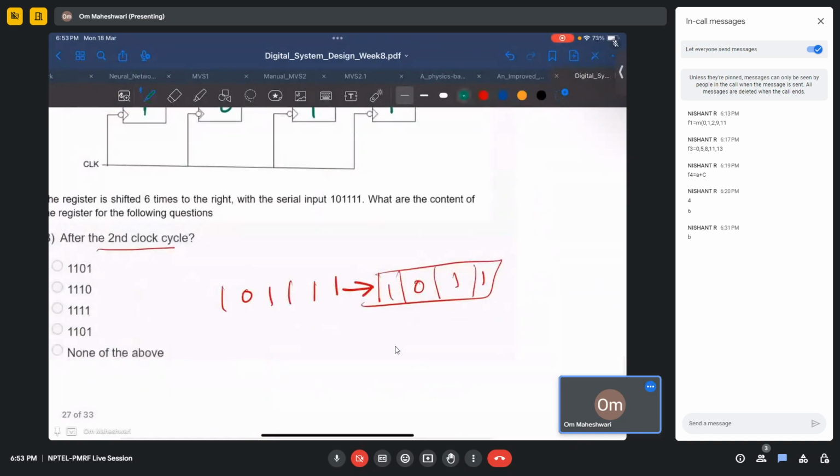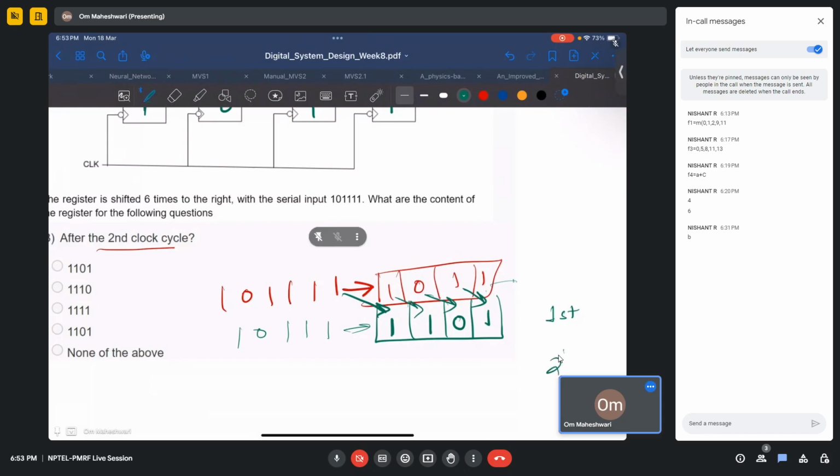So in the first clock cycle, this one will come out, this will go here, and this one will come here. Now you have 11101 to be given as input.